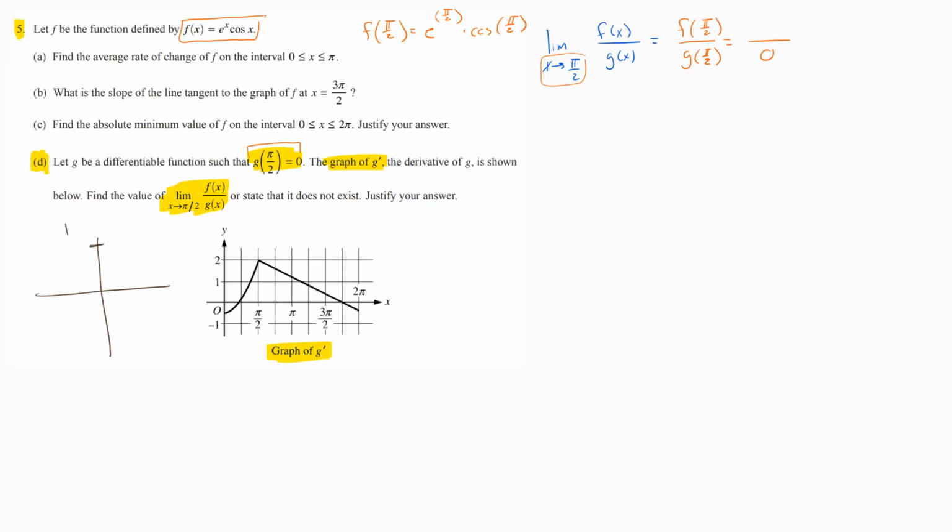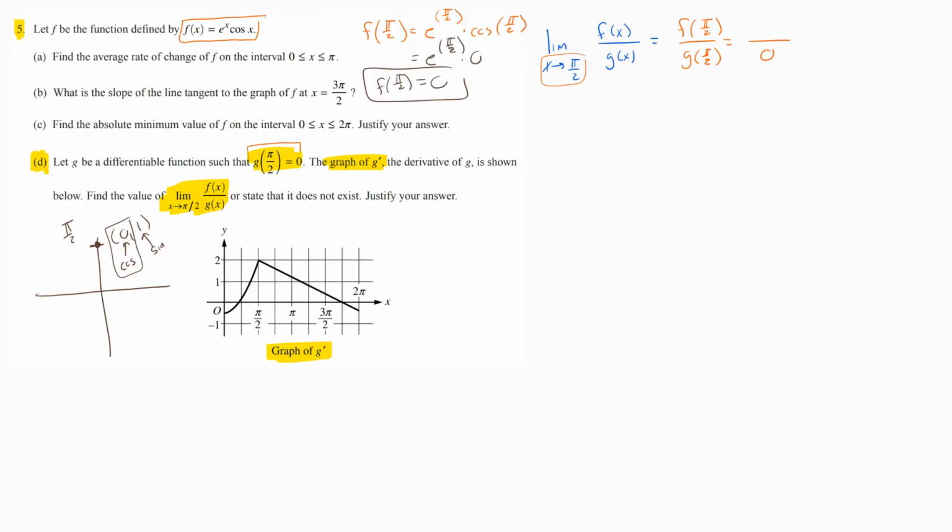Pi over 2 is up top here. That is the point (0, 1). Remember, the x value is always the cosine of our angle, and the y value is always the sine of our angle. So the cosine of pi over 2 is going to be 0. So here we end up with e to the pi over 2 times 0, which tells us that f of pi over 2 equals 0.